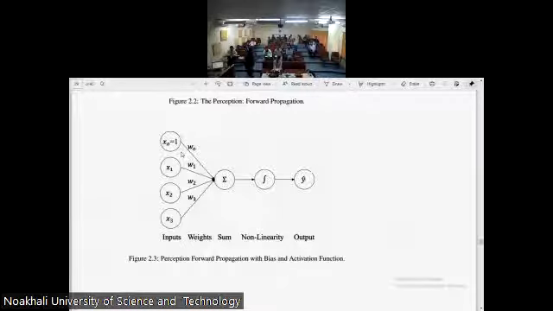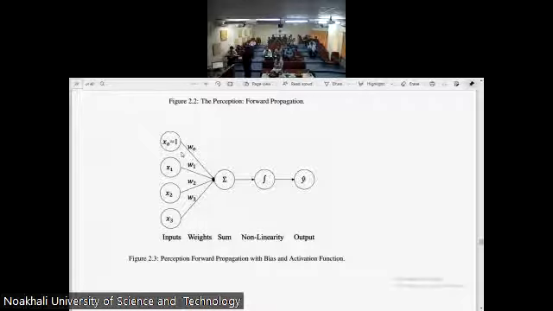We don't update the inputs, we update the weights, right? So we need to update omega 0 to omega 3. The weight of bias will be updated, but the input is fixed. X0 is always 1, but the weight omega 0, which is the weight for x0, will change, and we will update it.